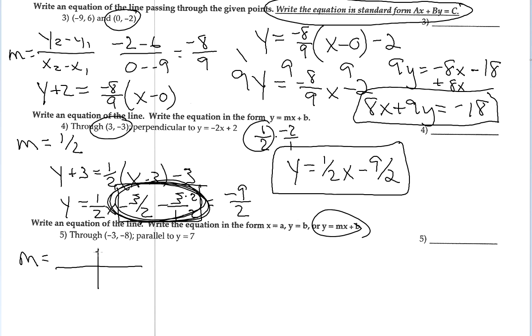If this is y equals 7, then parallel to y equals 7 means it's another horizontal line going through this point of -3, -8. And -3, -8 could be down here somewhere. Since these are parallel to each other, this equation would be y equals -8.